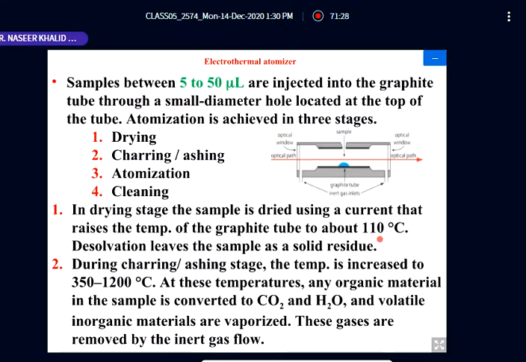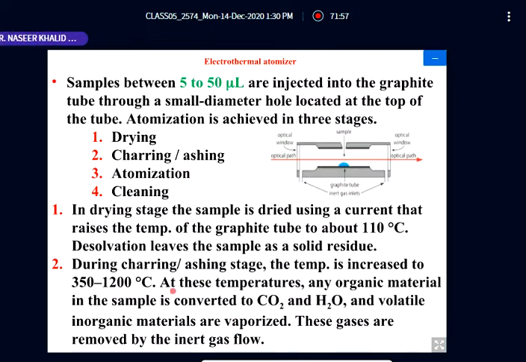So 110 degrees is a temperature which is sufficient to evaporate the aqueous solution. If, for example, we are using an organic solvent, this temperature could be lower. Now, after the evaporation, the sample will be converted into a solid residue.